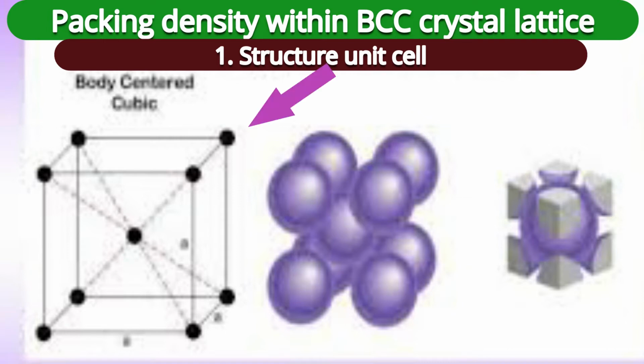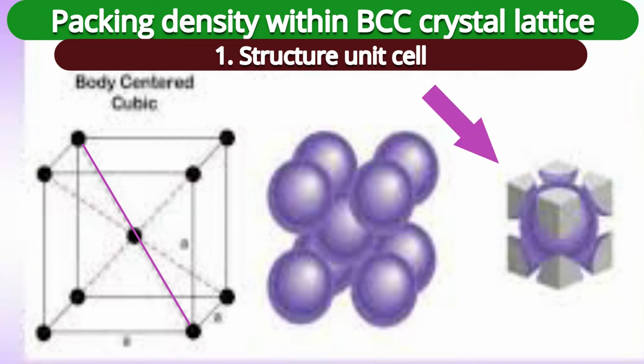So the left side diagram is a representation for BCC, atoms at corners and an atom at the center of the cube. You will find a line joining from one atom to the other cornered atom. So along the body diagonal, dotted lines are represented.